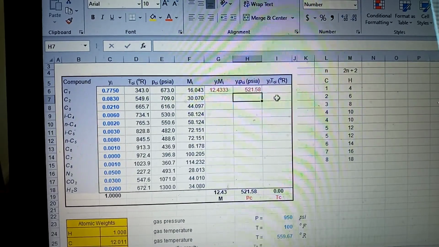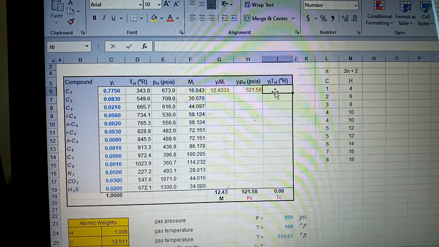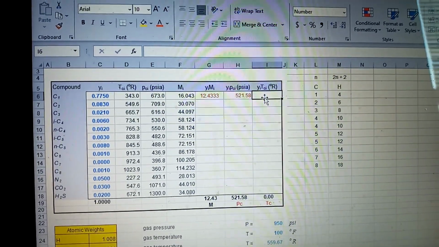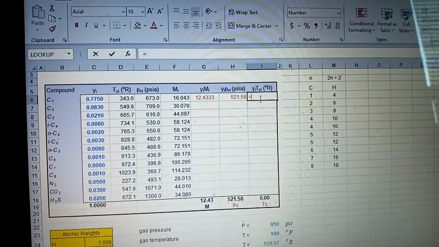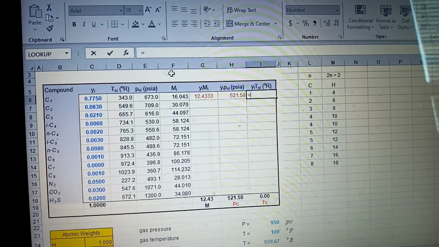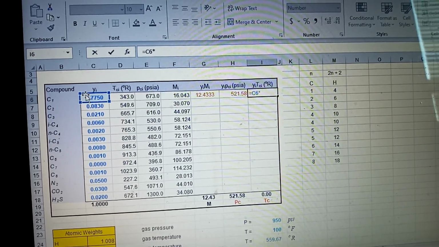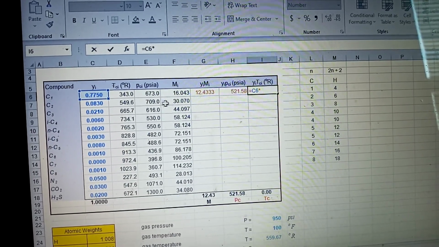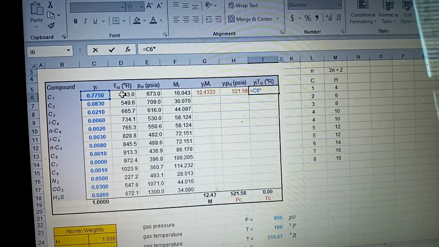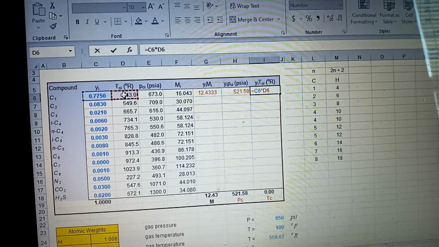Then critical temperature. See that the critical temperature is already in Rankine. So equals mole fraction multiplied by the critical temperature, which is that. I enter.